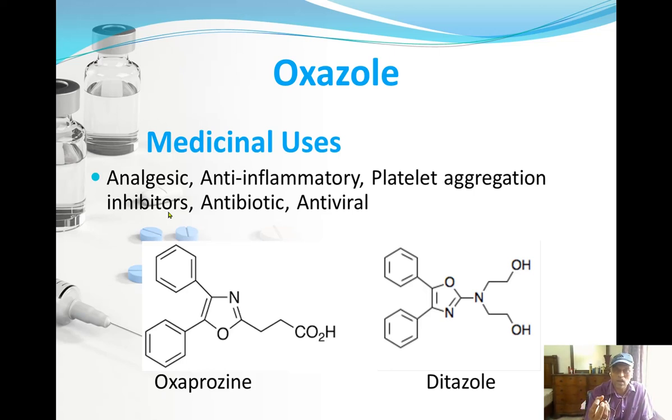They all form the clot, and it starts from platelet aggregation. So to block this platelet aggregation, you are going to use ditazole. That's why it is an aggregation inhibitor. So platelet aggregation is not going to take place, and a blood clot is not going to form after that bypass surgery.